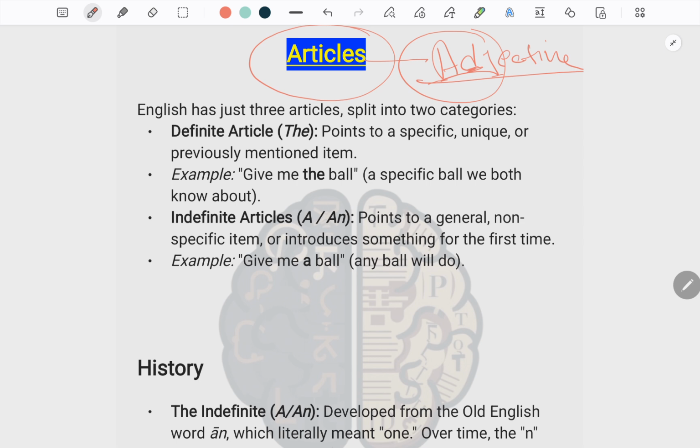So here we do not pronounce this adjective one way, but we pronounce this adjective the other way. Okay, so the word articles is derived from the adjective, and there are 11 or 12 types of adjective, whereas we have one of the adjectives which is known as the demonstrative.